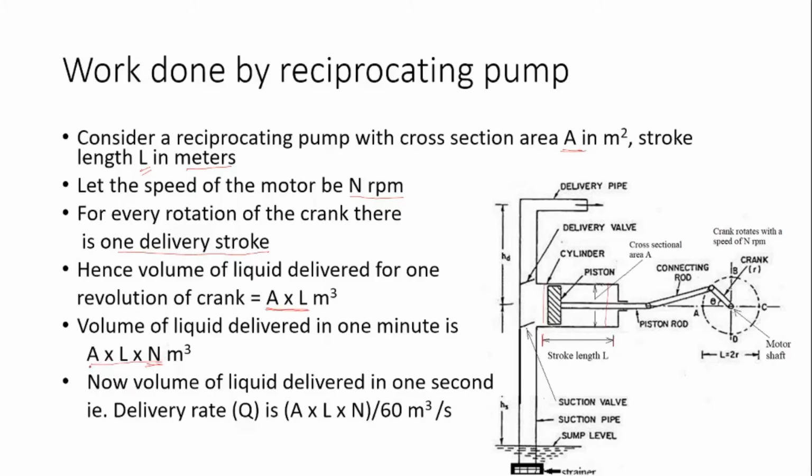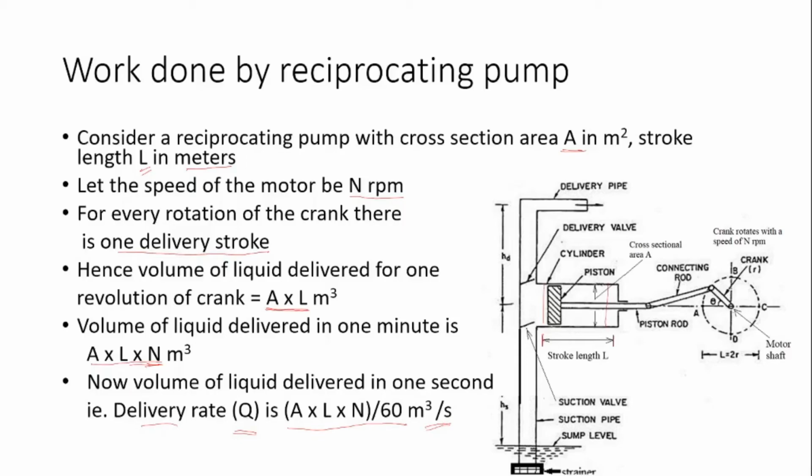You have to divide it by 60. So ALN by 60 is the volume of liquid delivered per second, which is known as delivery rate, represented by capital Q, expressed in meter cube per second.